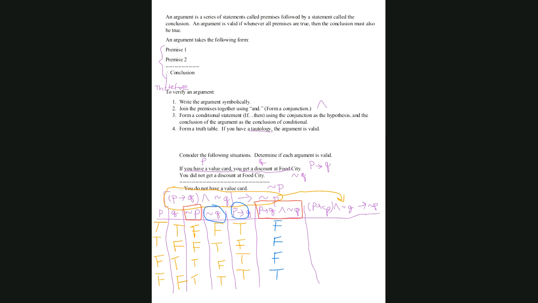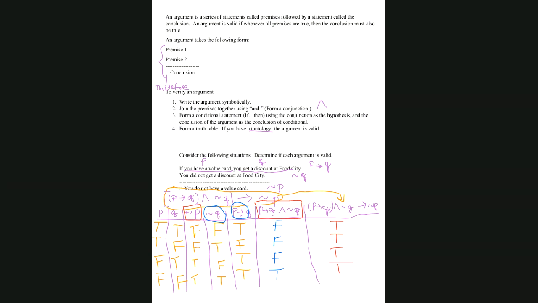If the hypothesis is true and the conclusion is false, that's the only time that a conditional will be false. So here I have false, false, so that means that's true. Here I have false, false, that means that's true. Here I have false, true, that means that's true. And here I have true, true, that means that's true.